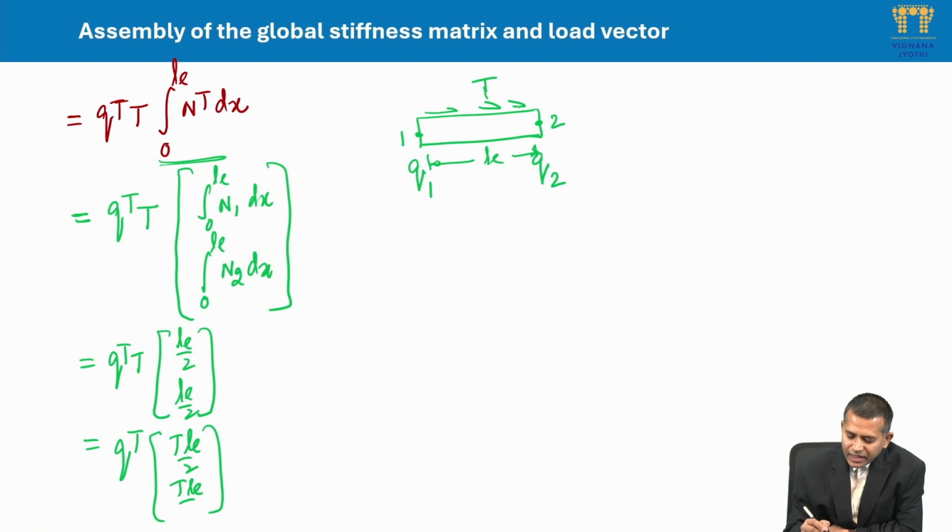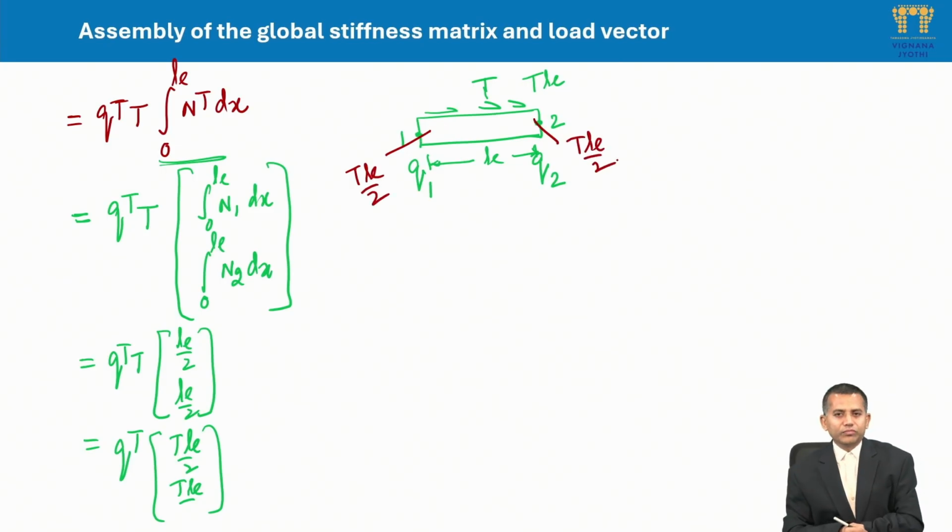Then the total traction force will be T into LE, and half of this is shared with node 1, that is T into LE by 2, and half of this will be shared by node 2, T LE by 2. So whenever you have tractions on an element, half of the traction force is shifted to node 1 and half to node 2, as we have seen in body force.